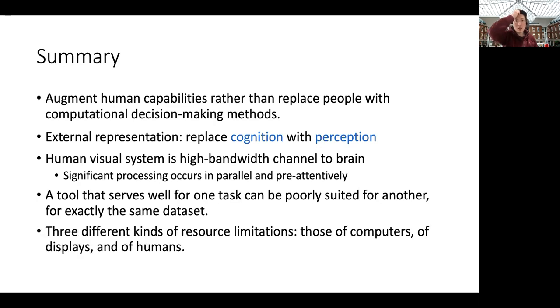Okay. And finally, visualization itself cannot solve all the problems, especially with very large data sets. A data problem with lots of data items is limited by how much the computer can process, how much you can display, and finally how much we as humans can see.